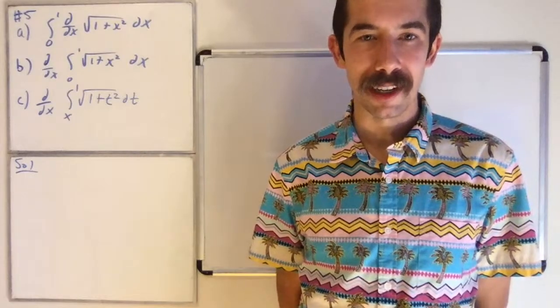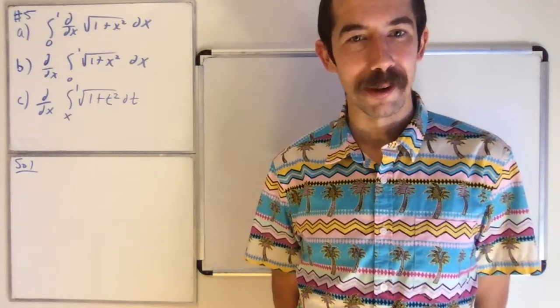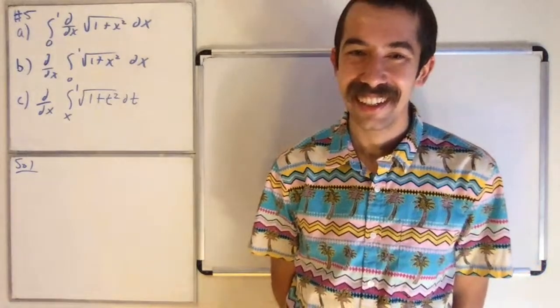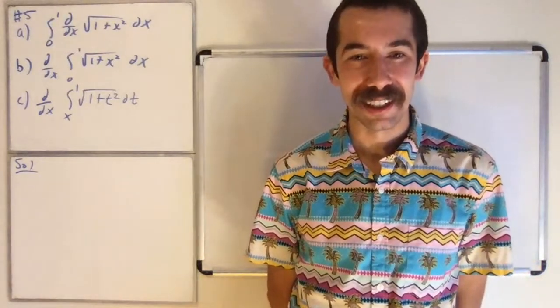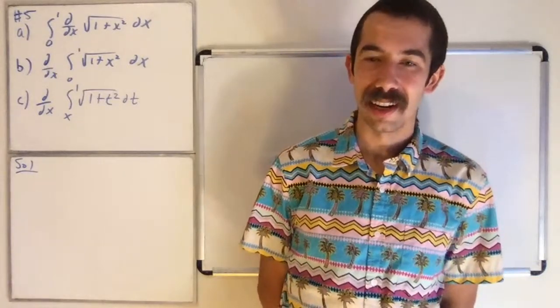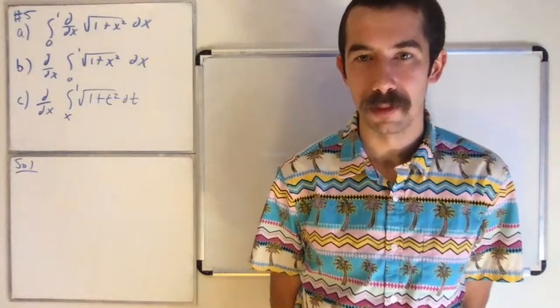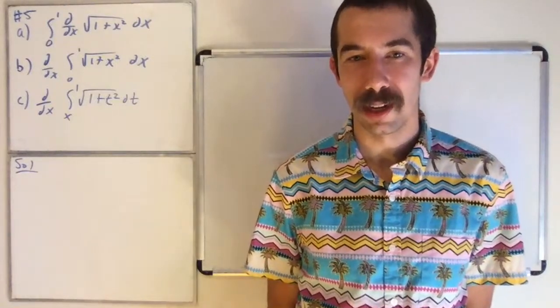I know whenever I would take a test in college, it's all I would think about for the rest of my life. So have any of you thought about this question at all? Any ideas of how we could solve A? The integral from 0 to 1 of the derivative of the square root of 1 plus x squared dx.